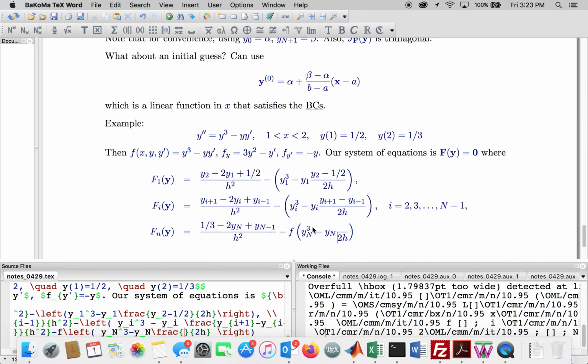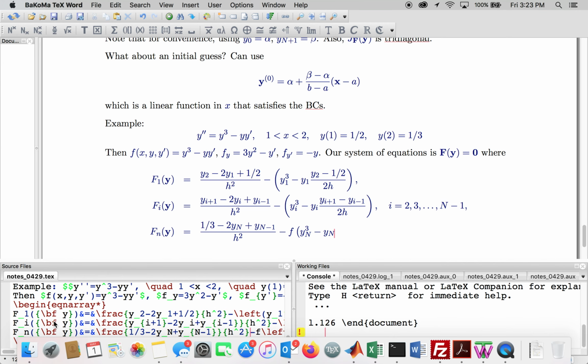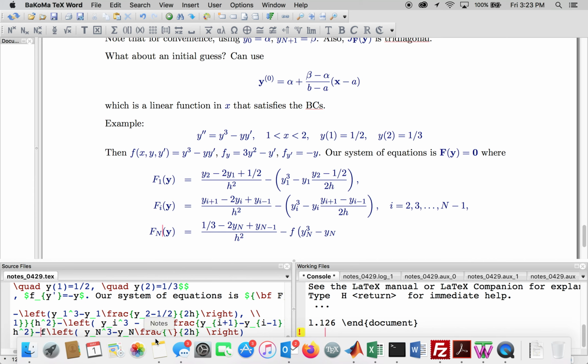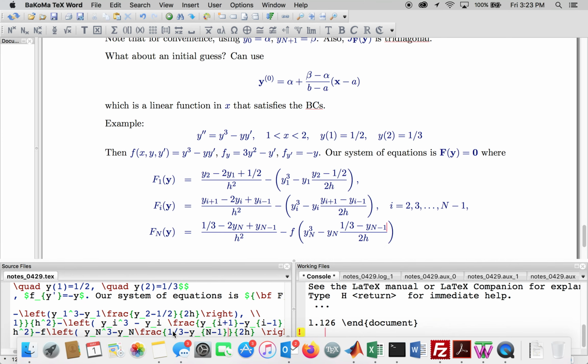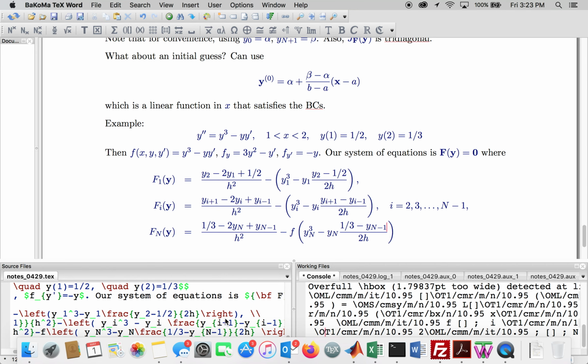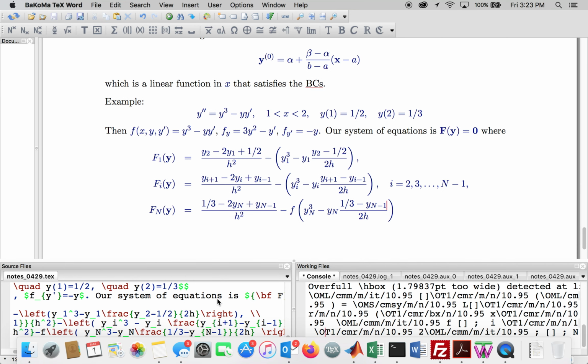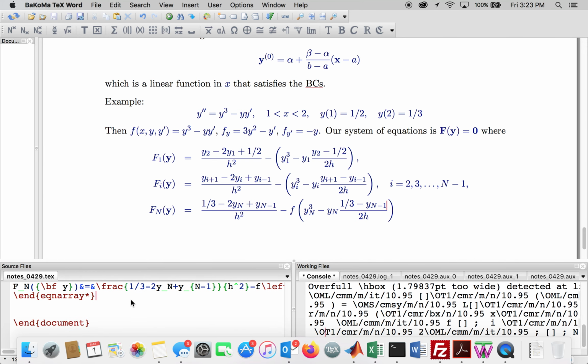So now I have yn plus 1, but that would be, oh, I just realized this should be an uppercase n. So I'd have the right boundary value, which would be 1/3, minus yn minus 1 for the center difference.